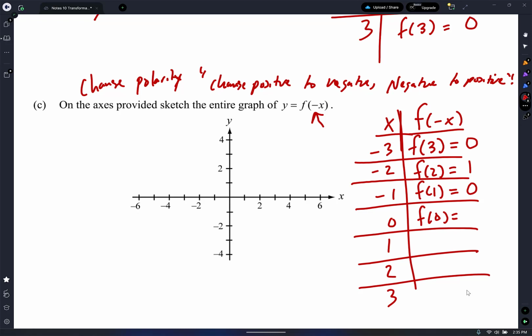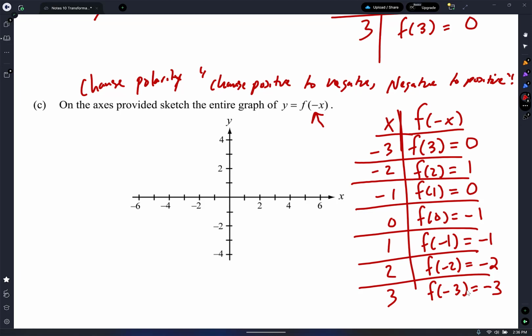What's that one? This one turns to f of negative 1. What was that? Was it negative 1? Yeah. And then this one turns to f of negative 2. And I think that was negative 2. And then this one turns to f of negative 3, which is, plot those points.